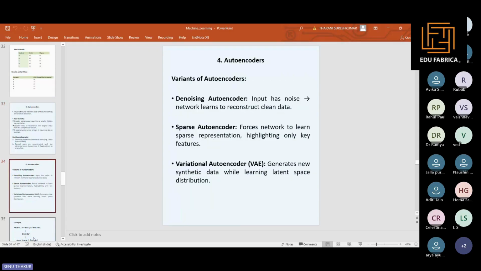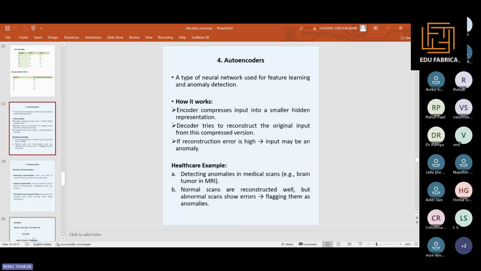So, how it works: first is the encoder. The encoder compresses the input into a smaller representation, which is called the latent space. Think of it as finding the essence of the data. It compresses the input features into a smaller dimension.